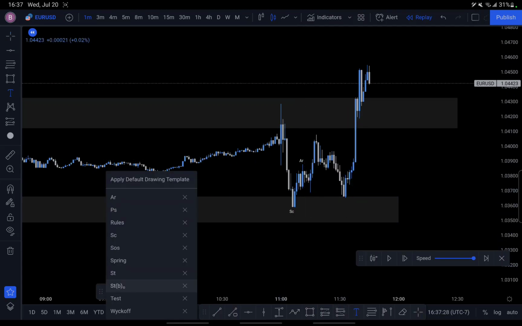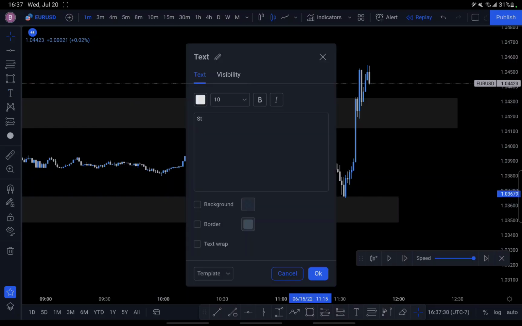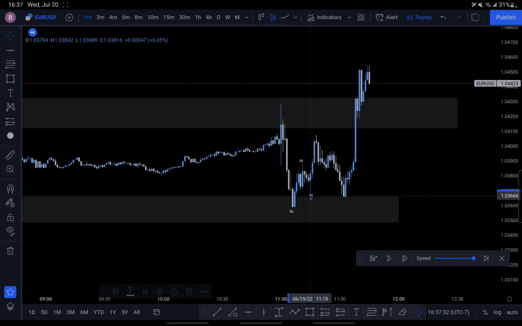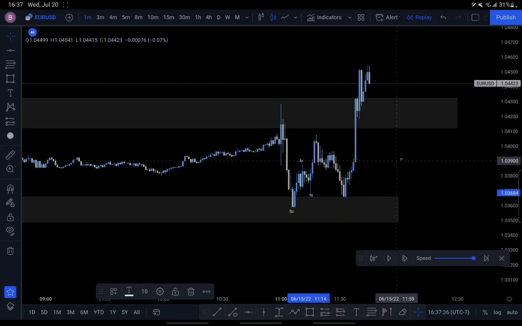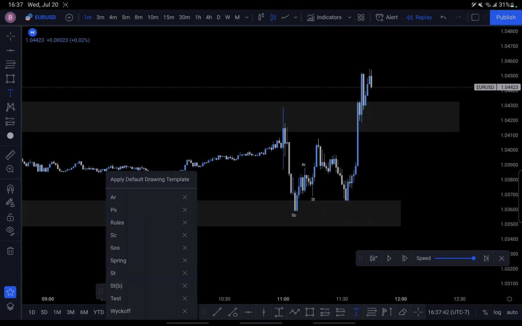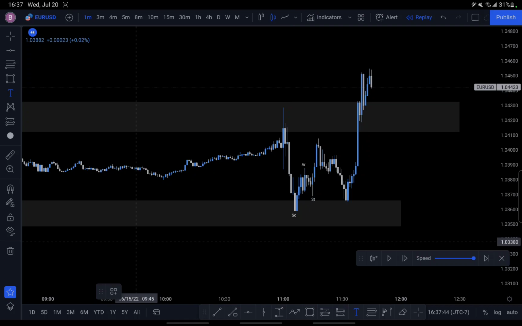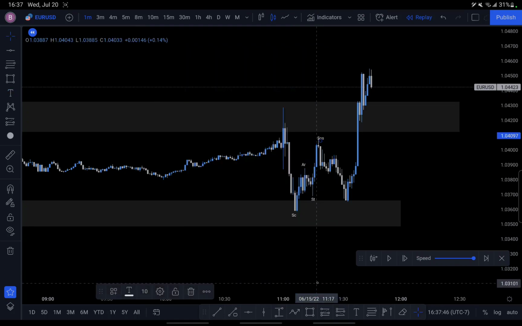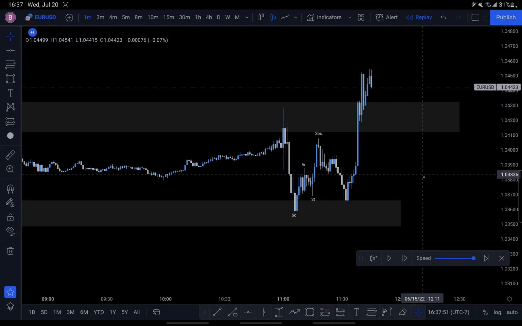We have our secondary test. Here we go, testing the supply in here before taking price up, breaking the AR, breaking structure to the top side. We label that as our sign of strength. Let me make sure this one's locked.